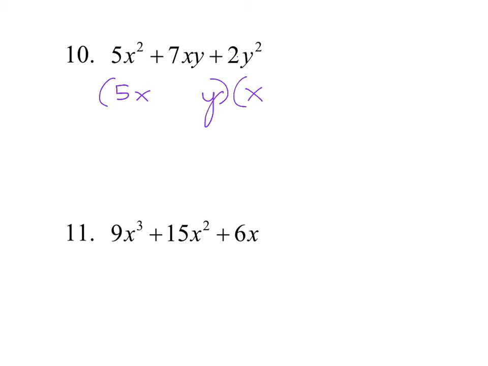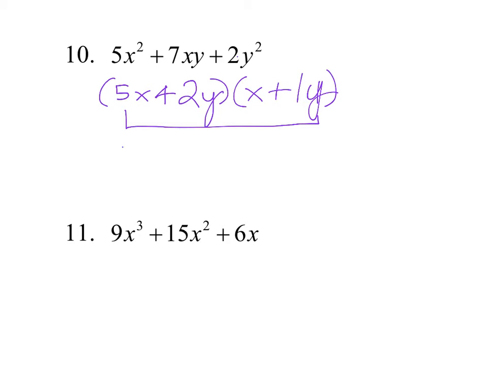We need factors of 2, which is prime, that when combined with 5 are going to give us 7. Oh, that's 5 and 2. So the 5 has to be multiplying a 1. So the 2 has to sit over here, a 1y. And they're both pluses, so they're all pluses, and there we go.